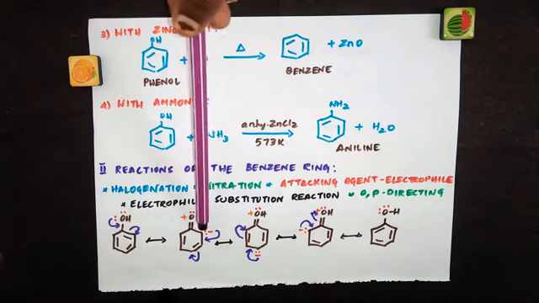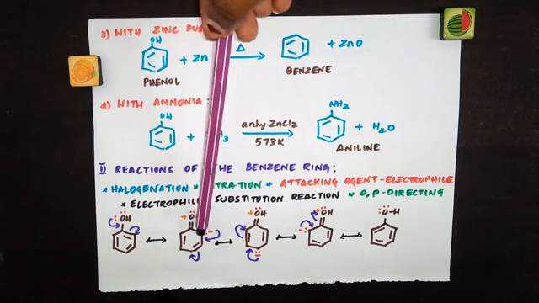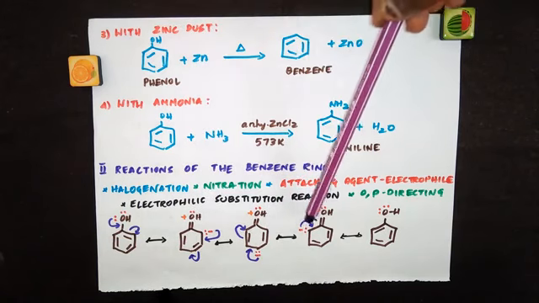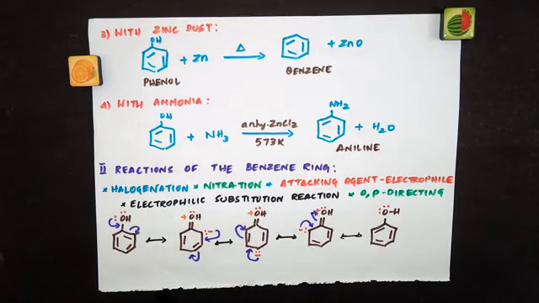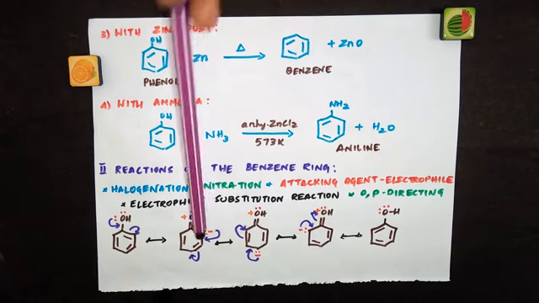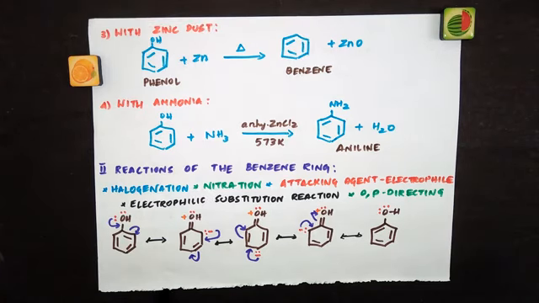Where do you have negative charge? Here in the ortho position, here in the para position, and here also in the ortho position. Meta position does not carry any charge. Now the incoming group is an electrophile, which means it has a positive charge. So if that positively charged electrophile is coming in, which of these positions will be preferred?